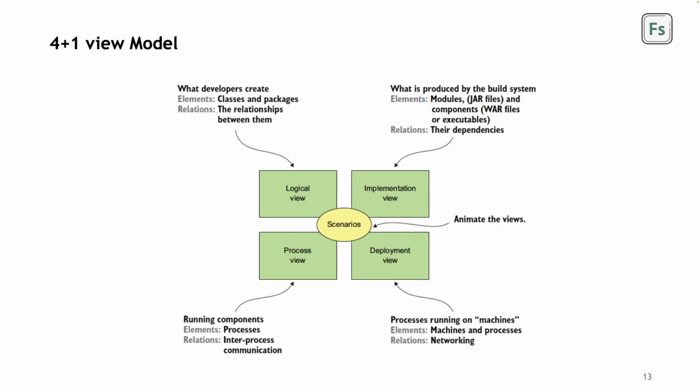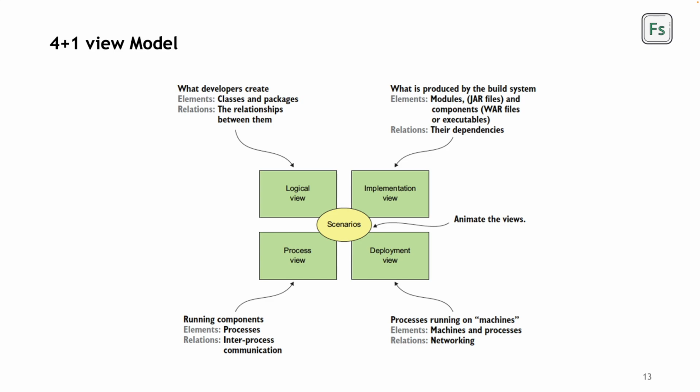So this is what developers create: classes and packages, and the relationships between them. Consider this complete diagram from the monolithic point of view. I bring it up here to give an idea of how this is different from the microservices point of view.